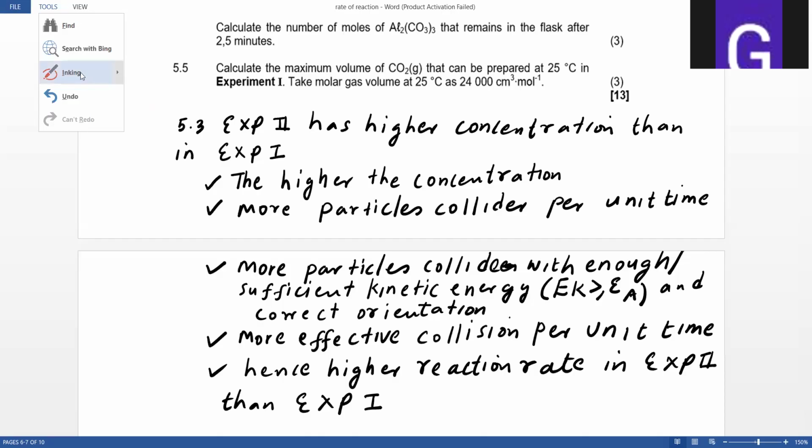As a result, the number of effective collisions per unit time will increase. And if we have more effective collisions per unit time, that means the reaction rate will be faster.